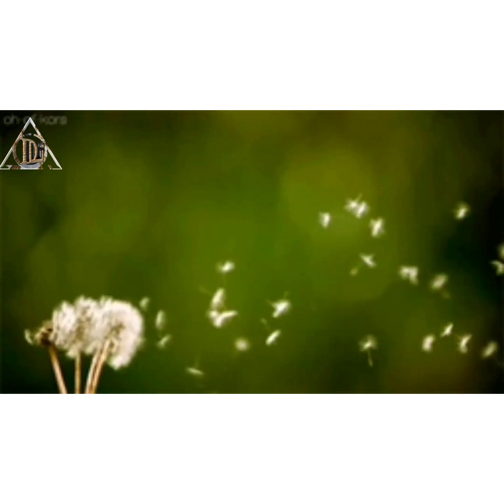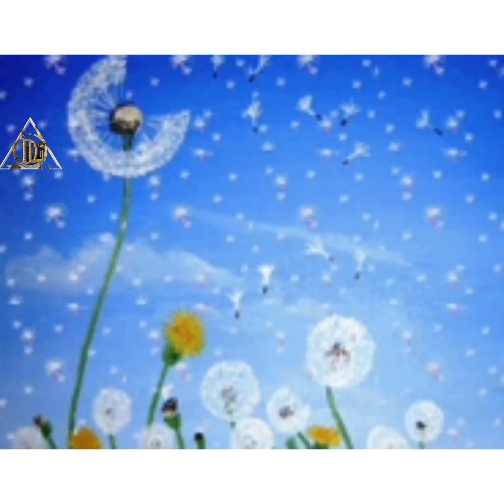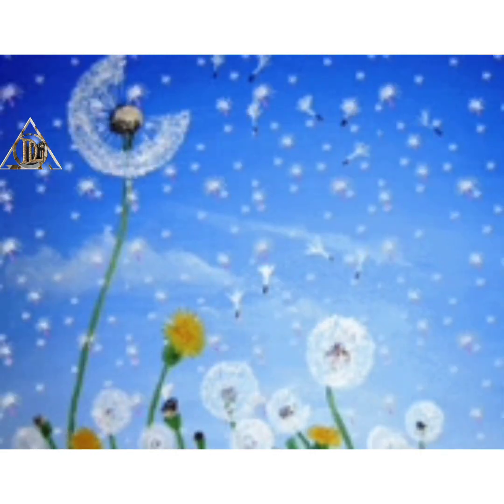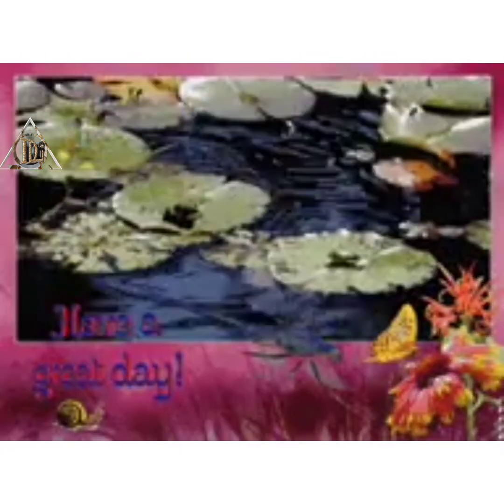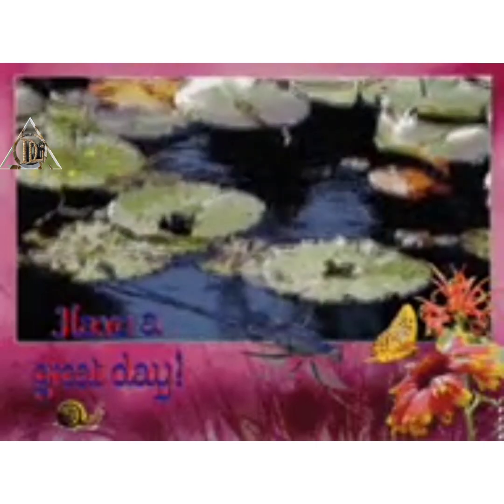The second abiotic agent of pollination is water. Water, which could be stream, river, spring, and the likes. These water bodies carry pollen grains from one aquatic plant to another in order to ensure the continuity of plant life.